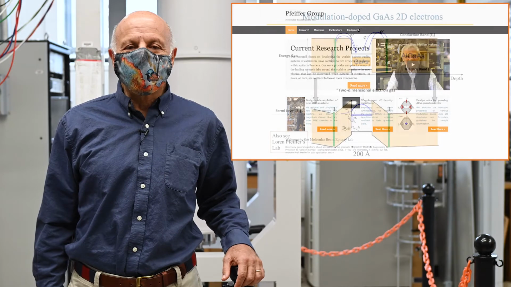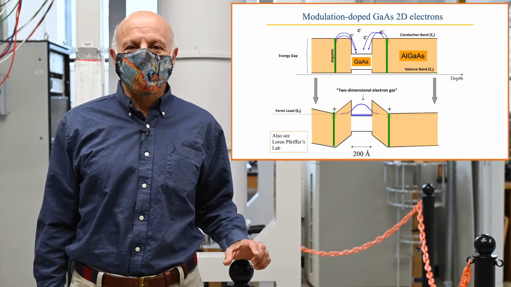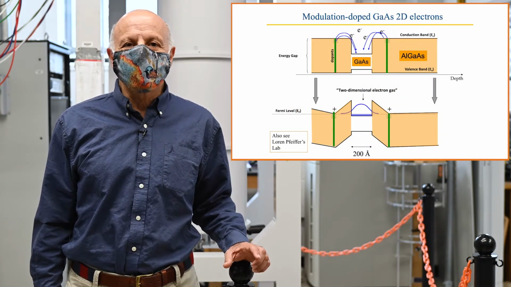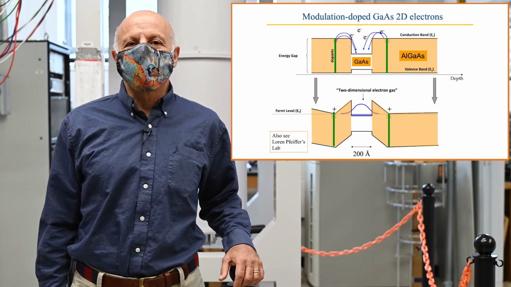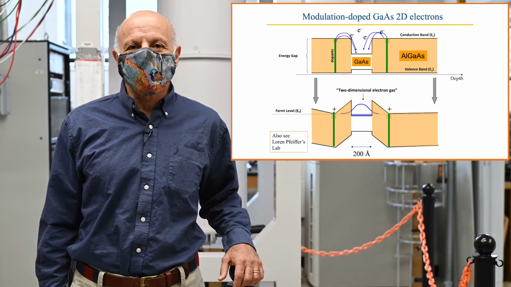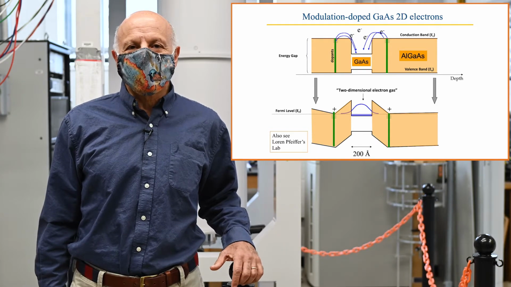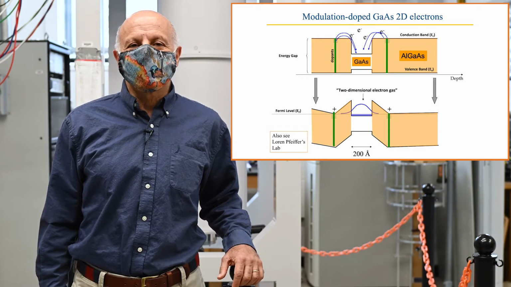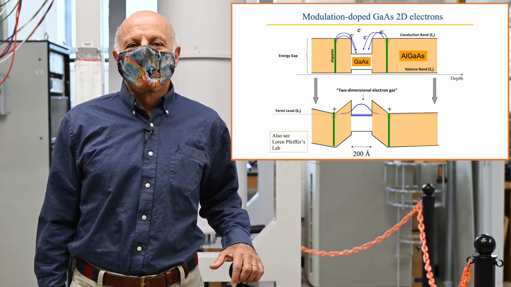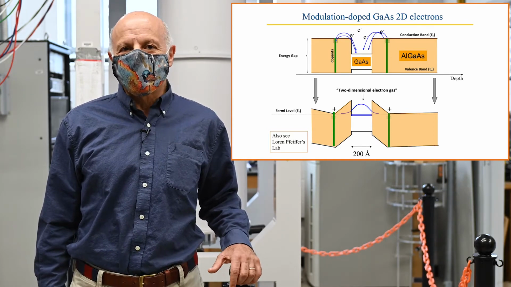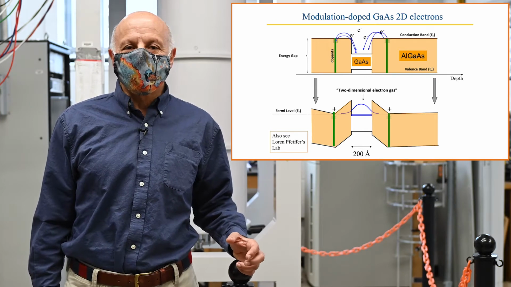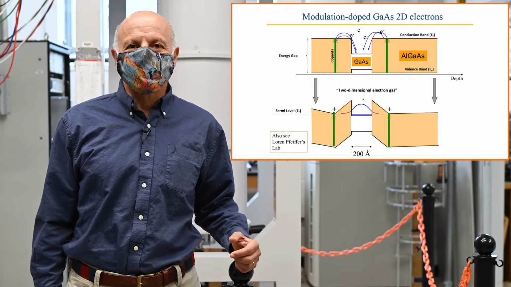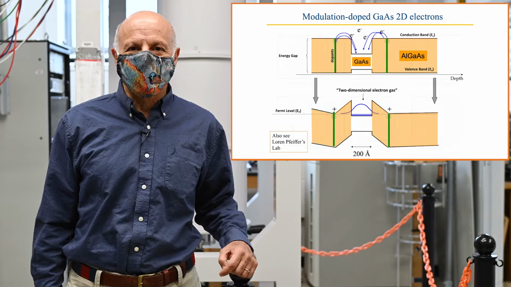Now, a typical sample has a gallium arsenide layer where the electrons are confined to, and the barrier material, aluminum gallium arsenide, is doped with silicon in this case. And the trick is that the electrons go from the donors into this well, and since they are far from the donors, they can move freely in the plane, long distances, and also they can interact among themselves. And that is what we are mostly interested in.